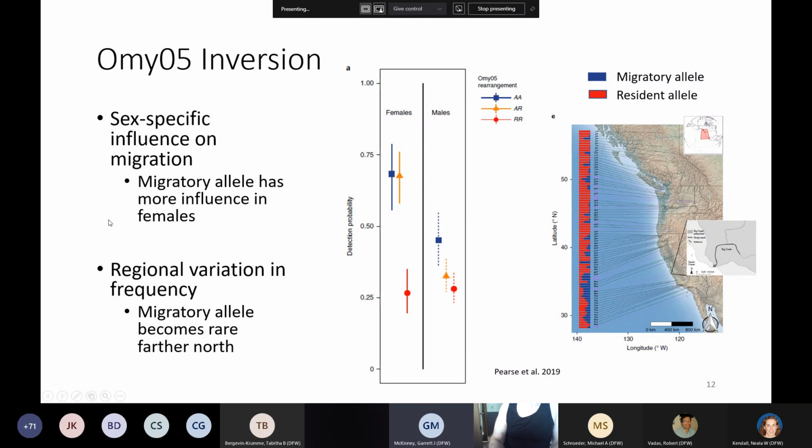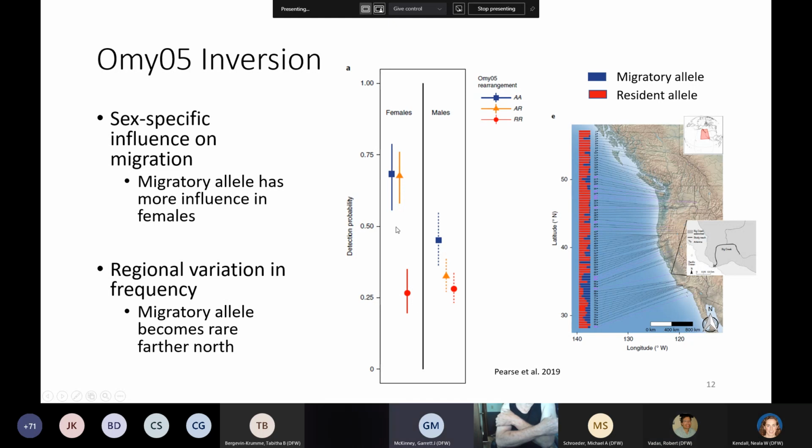And in this case, there's two really interesting patterns. One is that there's a sex-specific influence on migration. So this is essentially the probability that individuals had a specific genotype and were migratory.